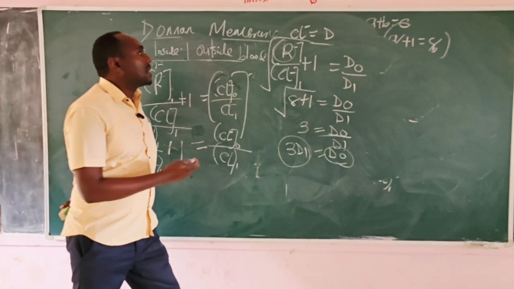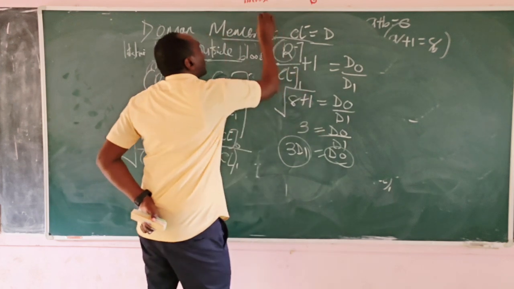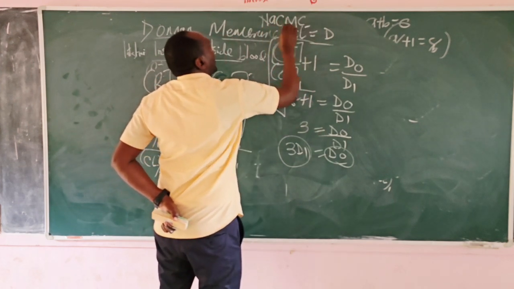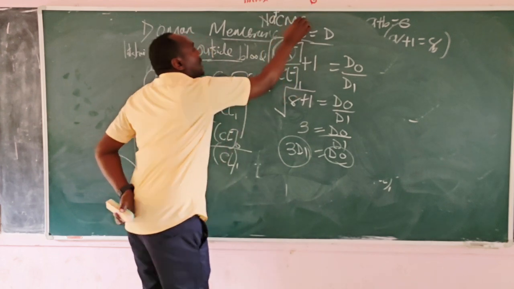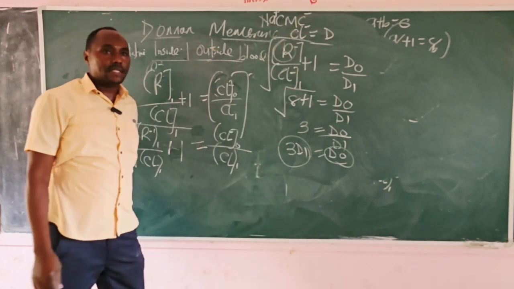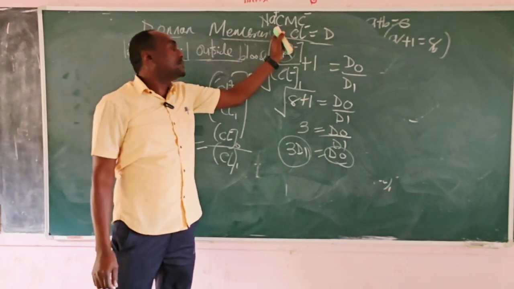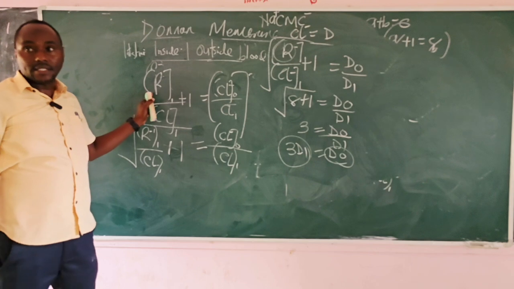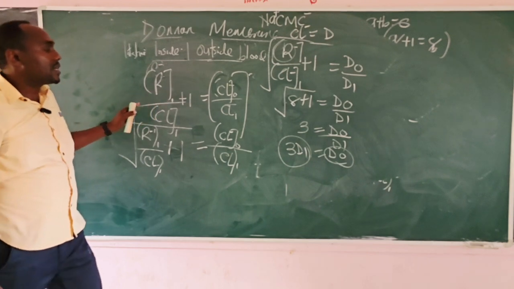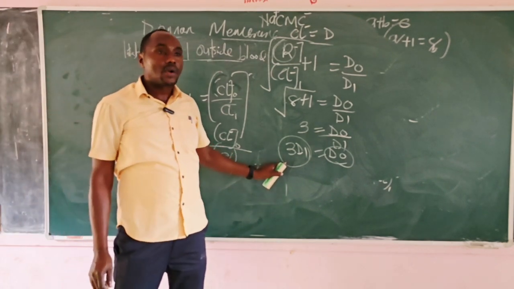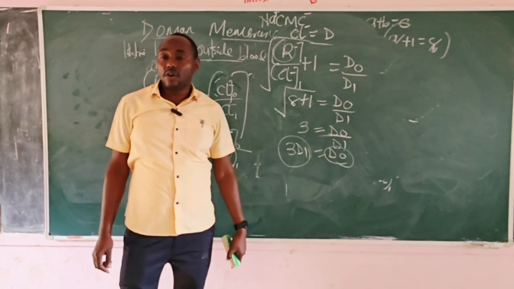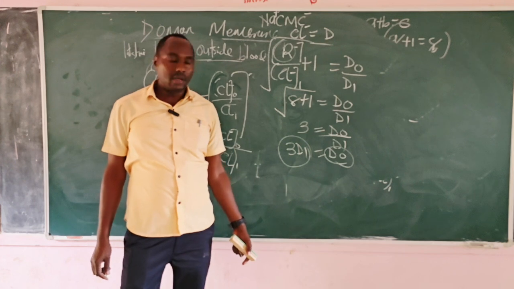For example, we took sodium CMC, like this, sodium plus, CMC minus. So in the presence of this CMC, which we represented with R minus, it means that this drug will be 3 times more effective in the presence of a polymer.